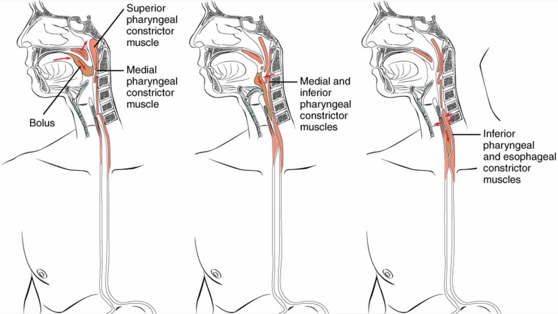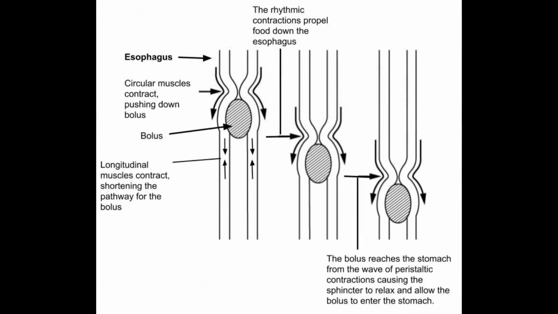The esophagus then continues to move the food down until it reaches the stomach through a process called peristalsis. This is a series of rhythmic contractions and relaxations of muscles. What happens is that the smooth muscles in the muscular layer of the GI tract that I talked about, that's the third layer from the inside, contract and relax in sequence in an organized way.